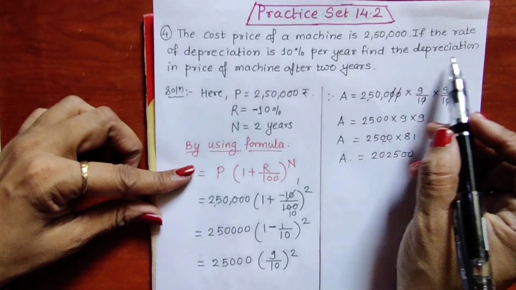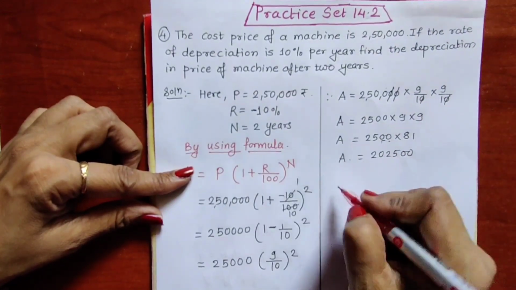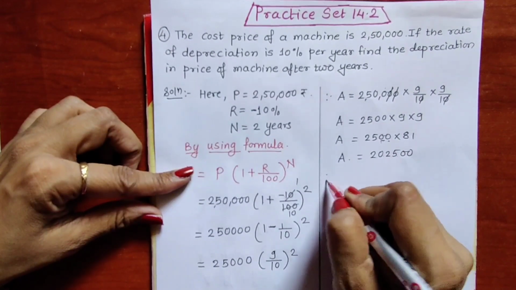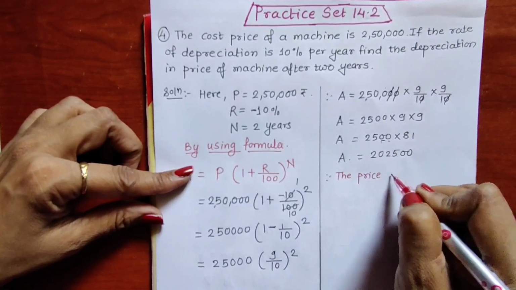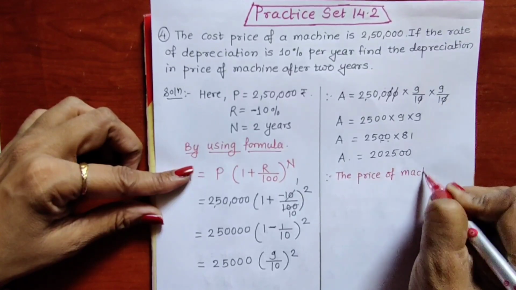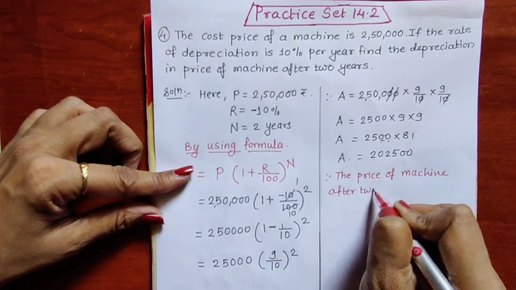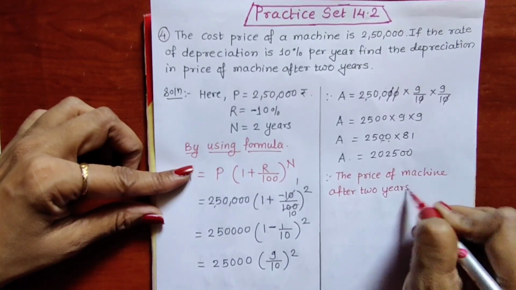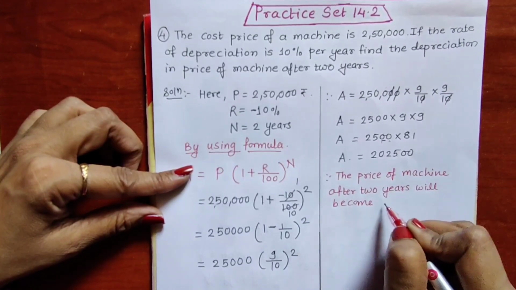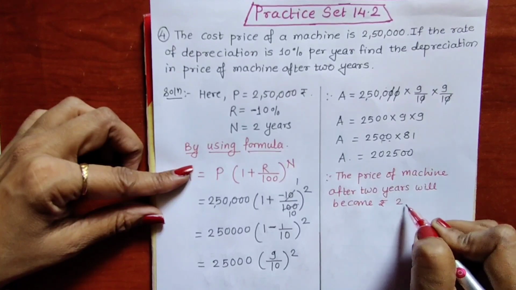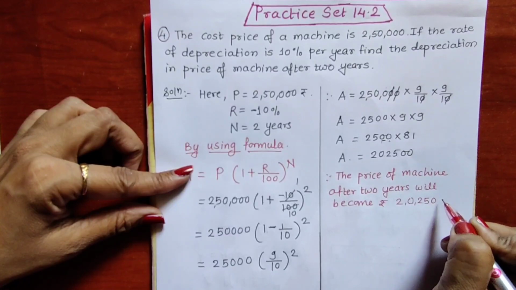So we have to find the depreciation in price of machine. So here I will be writing, therefore the price of machine after 2 years will become rupees 2,02,500.